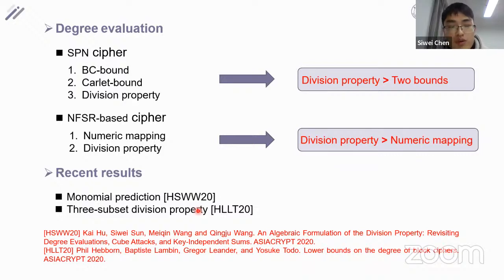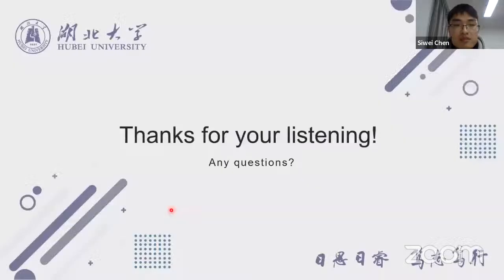So if you only want to get an overview of the degree of the cipher, the 2-subset division property will be the best choice. That's all my report. Thank you.